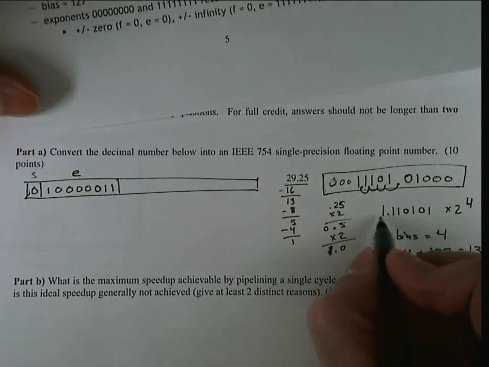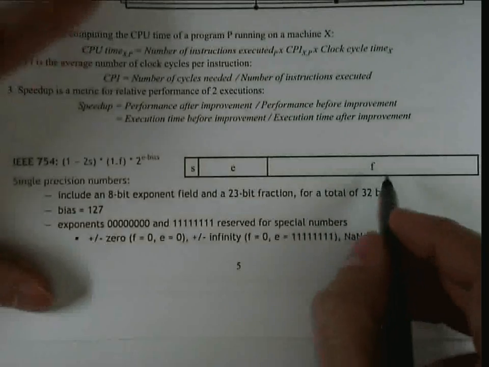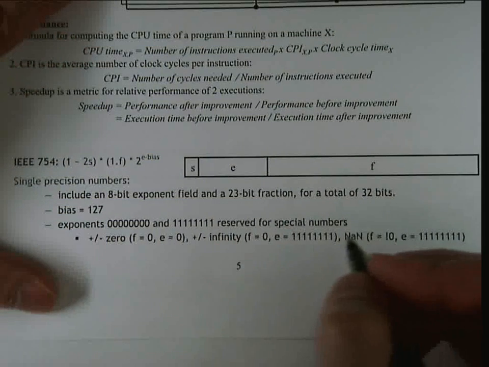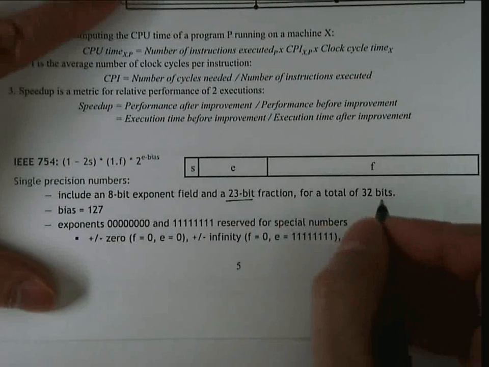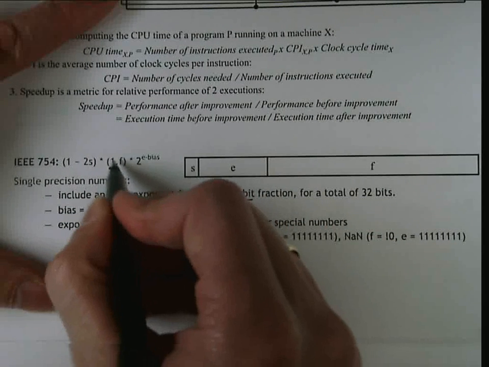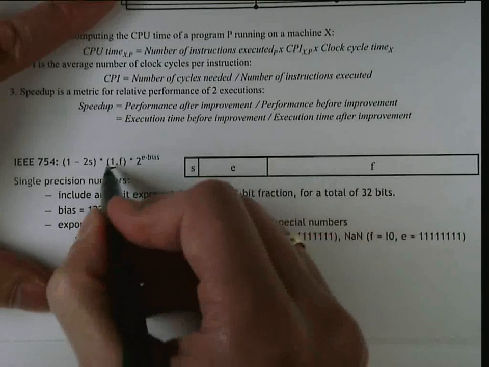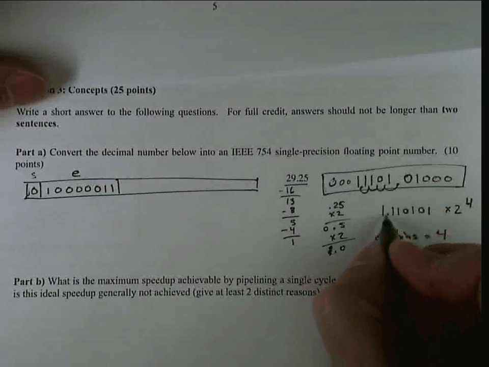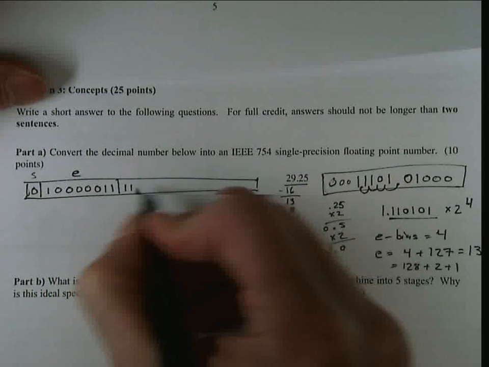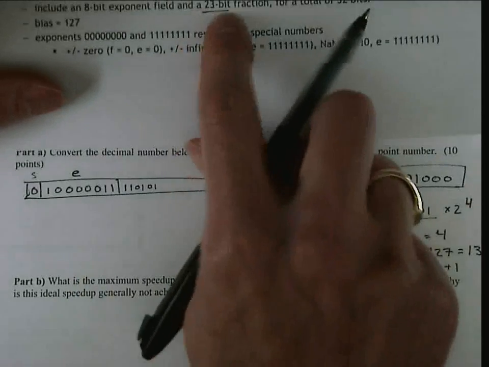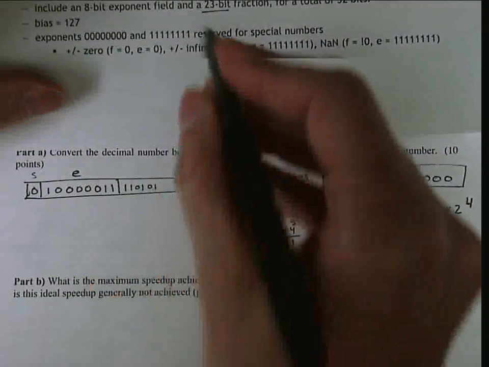And then the remaining field in this IEEE number is the fraction field, which is going to be the remaining bits. That's 23 bits. And recall that the leading 1 is represented, we don't actually have to represent that leading 1 because it's understood for these numbers, so I'm going to leave off that 1 and I'm just going to copy over this part, 1, 1, 0, 1, 0, 1, and then I have to extend it with another 17 zeros.